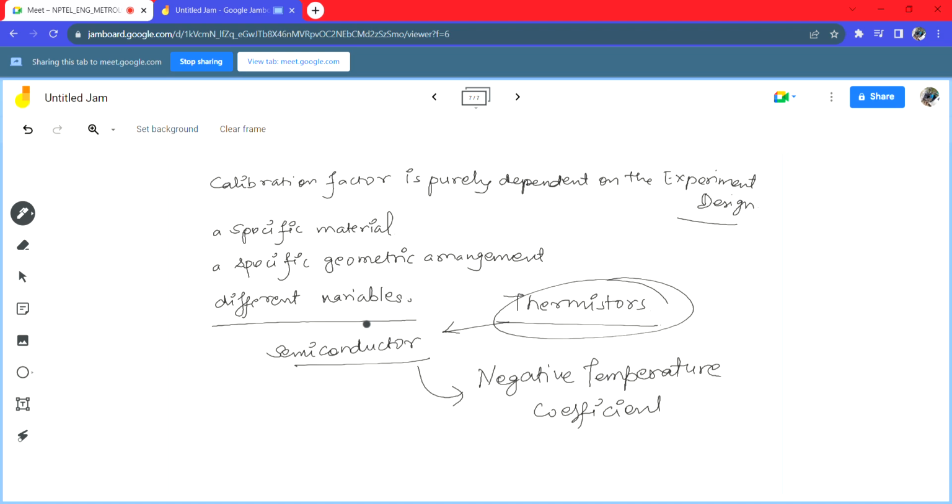So this implies that with the rise in temperature, the resistance of the thermistor would decrease.